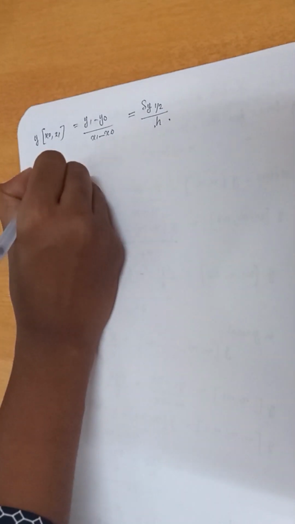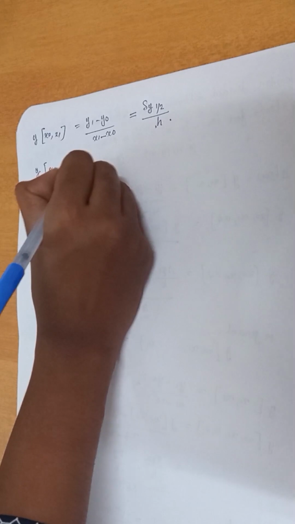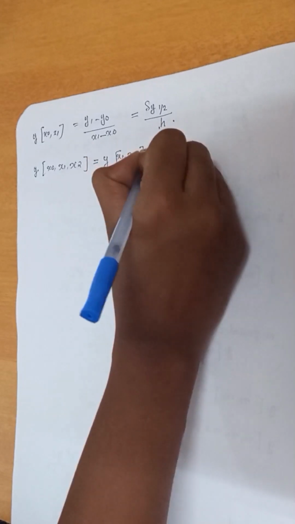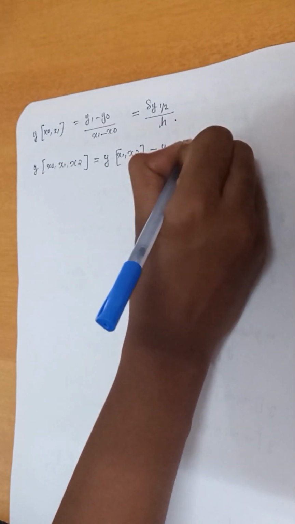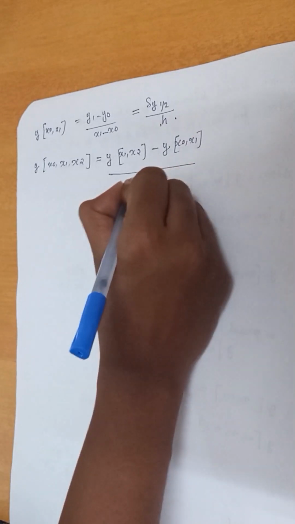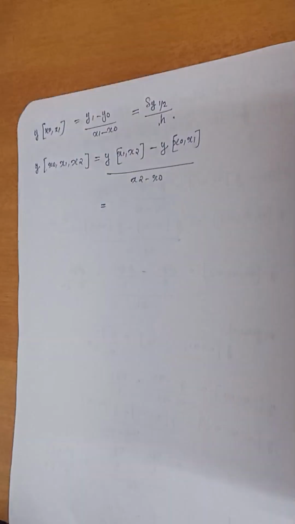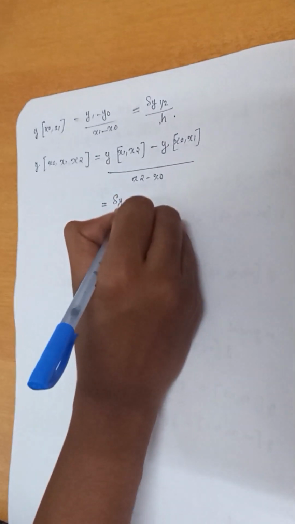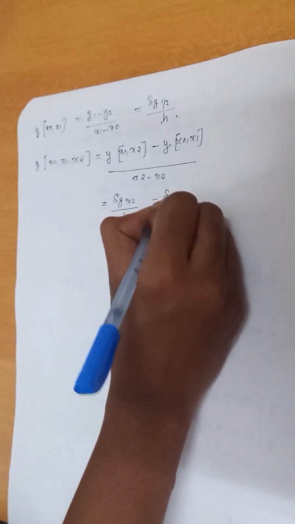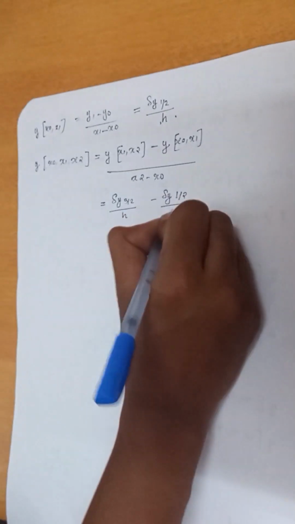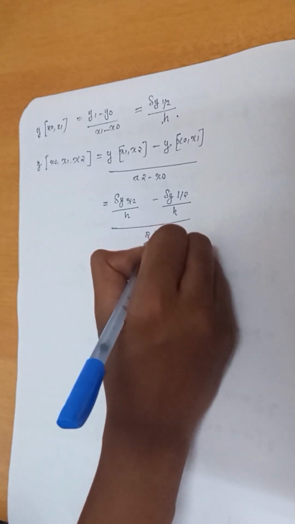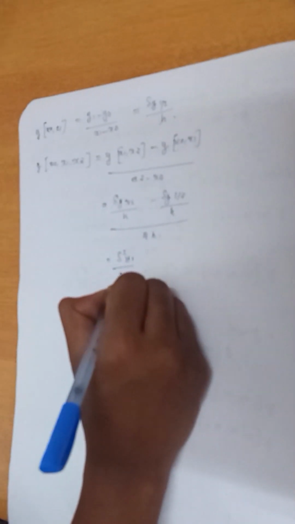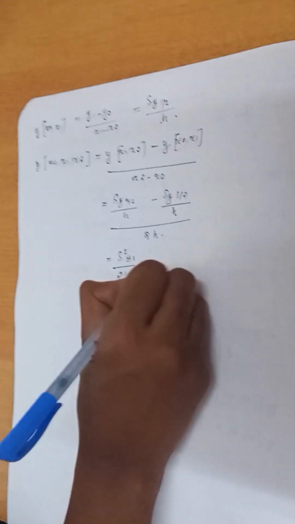Similarly, we can write y of x0 comma x1 comma x2 is equal to y of x1 comma x2 minus y of x0 comma x1 divided by x2 minus x0, which is equal to small delta y of 3 by 2 divided by h minus delta y of 1 by 2 divided by h, the whole divided by 2h, that is small delta square of y1 divided by 2 factorial into h square.